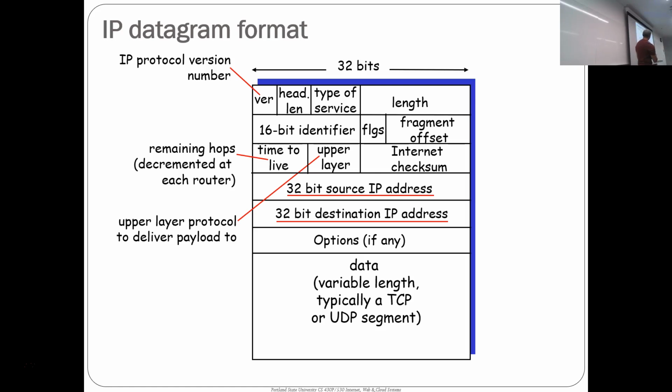We care about time to live, and this is part of ICMP, the control protocol stuff that we'll get to later. The upper layer field says, I am in the network layer, where do I send this in the transport layer? It could be TCP or UDP. That field specifies that. And then the source and the destination. This is the datagram format, and then the payload follows all of that.